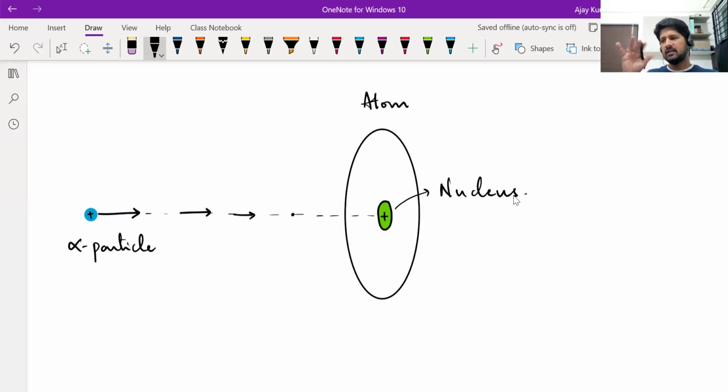Okay. And the negative charge is distributed in the space around the nucleus. Now, negative charge cannot simply be at rest close to a positive charge. So what Rutherford proposed is that the negative charge in an atom, the electrons that are present in an atom, must be revolving around the positive charge. Now see, this is an angular view.